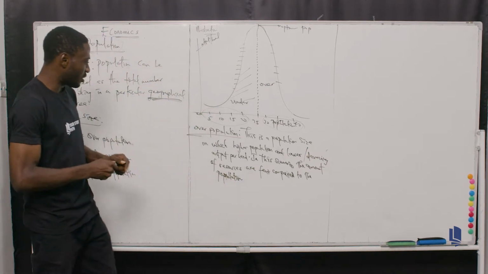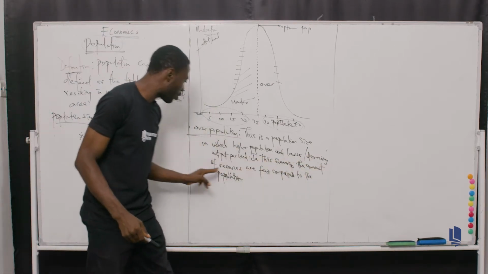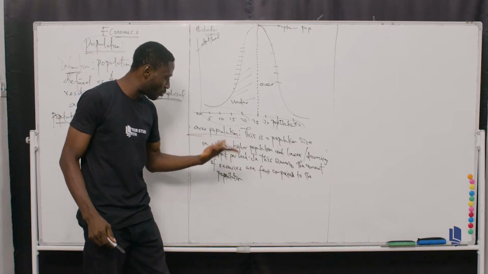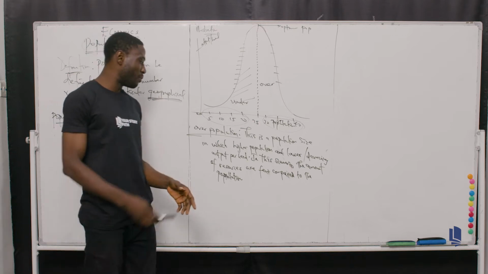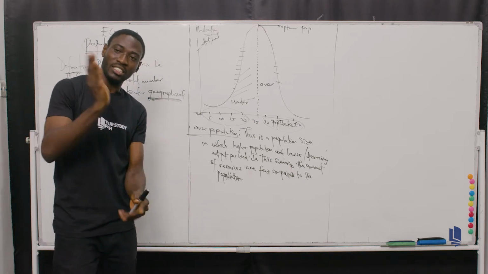Okay, so look at this. So in this scenario, the amount of resources available are few compared to what? To the population. So that means population is higher than resources.